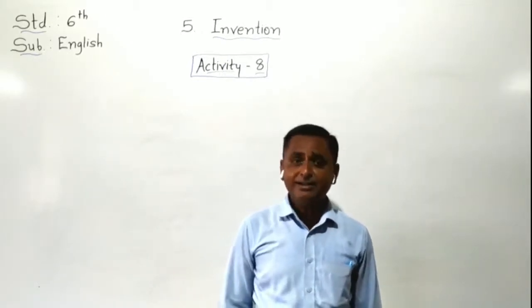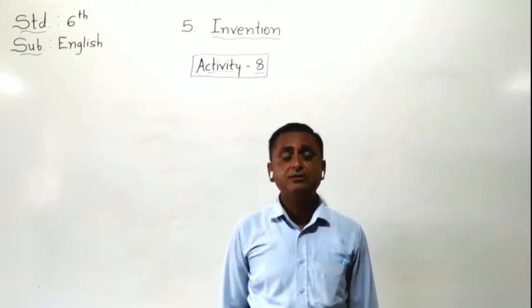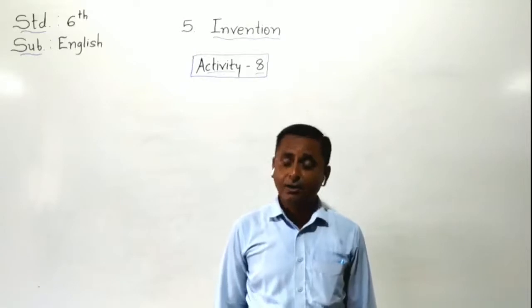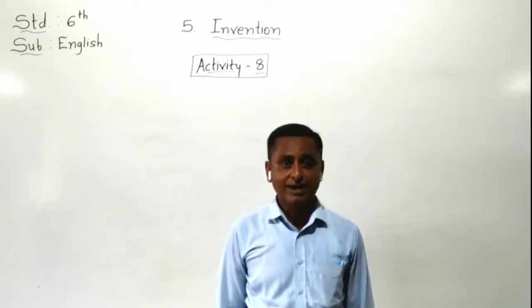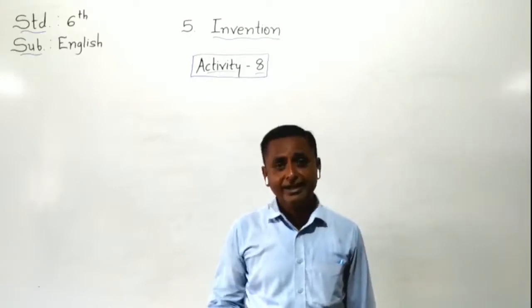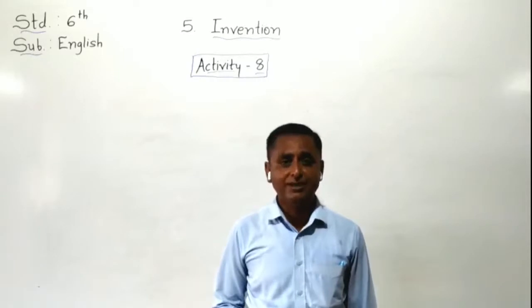Okay? By this way, he invented the smart bell. How does the smart bell work? We already saw the functions of the smart bell. Now today we have to do the next thing related to smart bell.